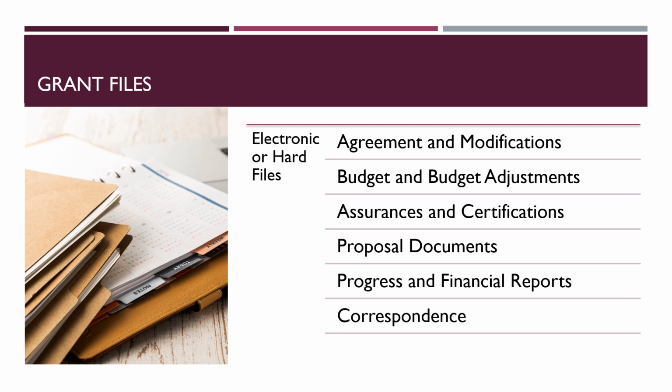In addition to initial communication, you will need to create a grant file to keep and organize all project information. Your organization may have a standard practice for grant files, or you may need to create the system if grant-funded projects are new. In either case, it's important to use a set structure to maintain consistency and to ensure all relevant documents are in a space that can be accessed in the future.